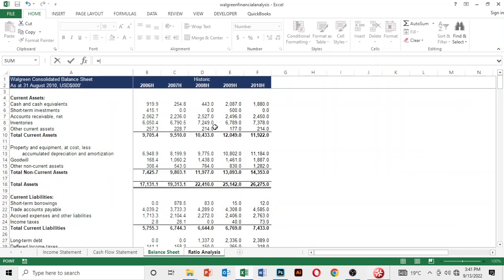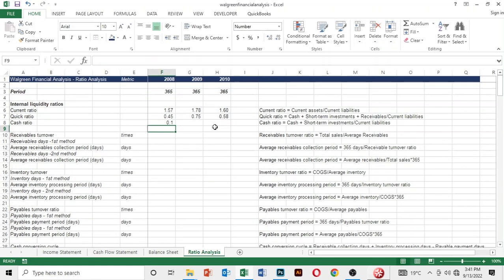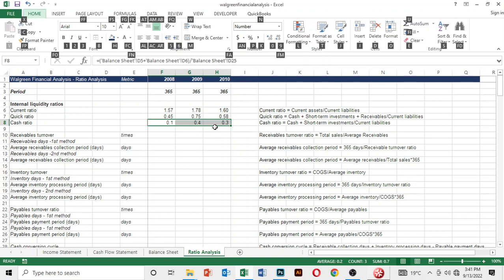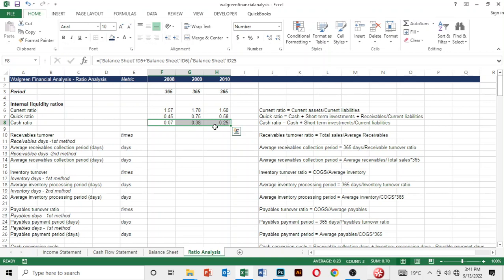So Page Up, and then we add cash for 2008, and then short-term investments, then we divide it by the total liabilities figure for 2008, and then we copy to the right, and then we add another decimal place, Alt H 0, just like that.